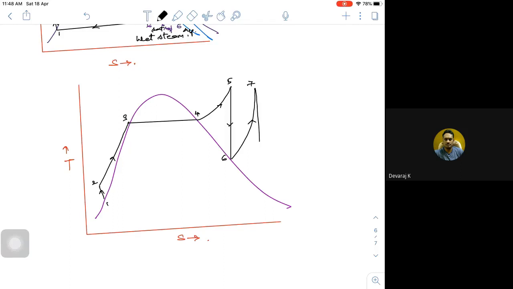Then if I try to expand it, I may reach a point, this is 8. So this is much drier. This is called reheating.